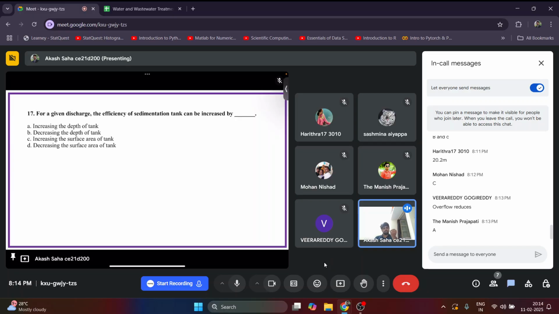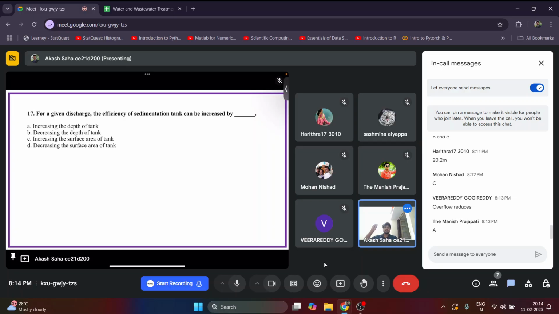If I am reducing the design settling velocity, that means that for low settling velocity particles also, it is getting removed, 100% it is getting removed. Faster ones are definitely getting removed, but lower settling velocity particles are also getting removed. So if more and more particles are getting removed from the system, my efficiency will increase. So that's how increasing the surface area will increase the efficiency.